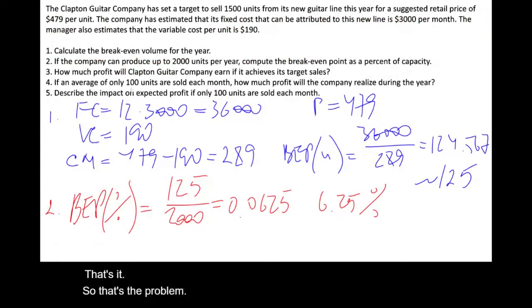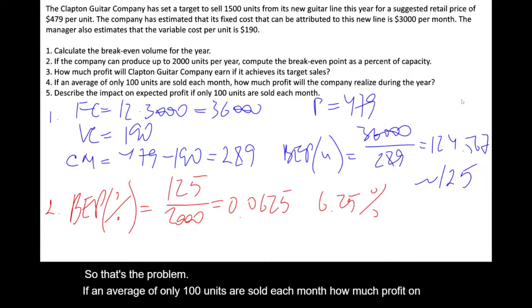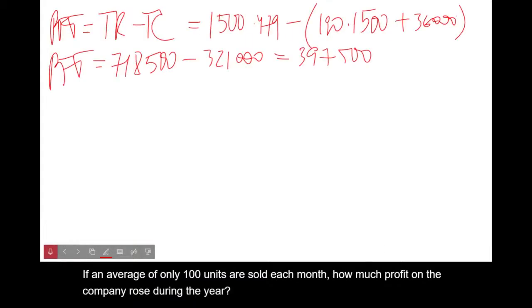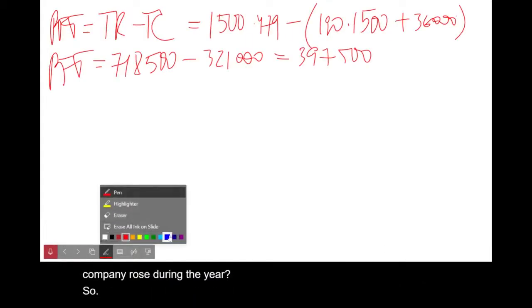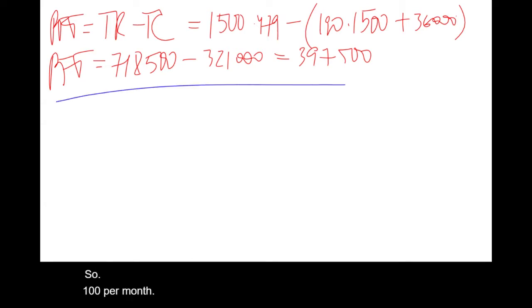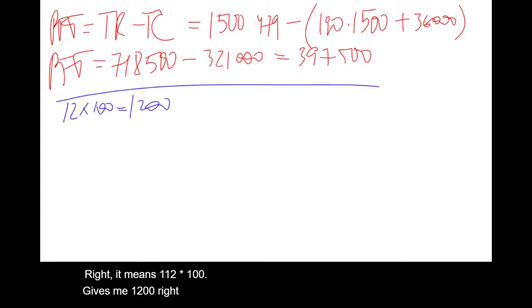If an average of only 100 units are sold each month, how much profit will the company realize during the year? So 100 per month, right? It means 12 times 100 gives me 1,200, right? So same thing as what we did, just instead of 1,500, we put 1,200.